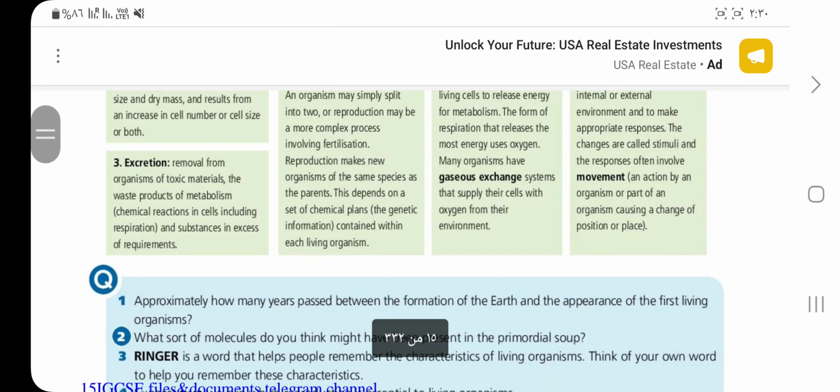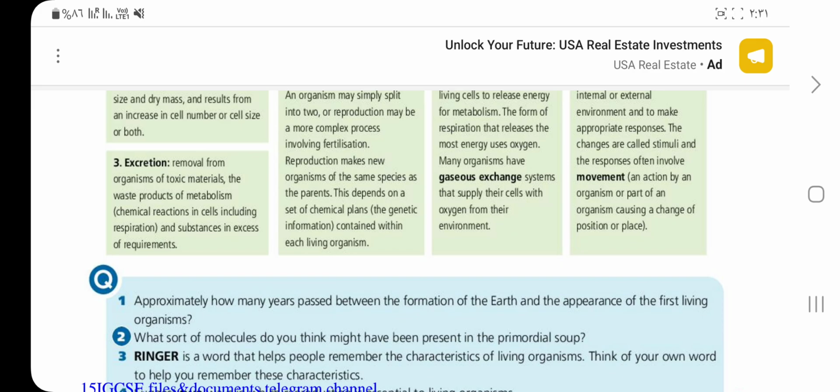Third process is excretion. What's the definition of excretion? It's removal from organisms of toxic materials, waste products of metabolism, and substances in excess of requirement.